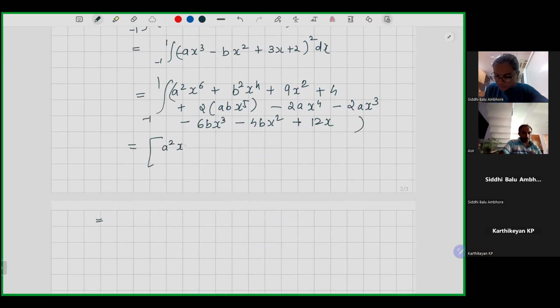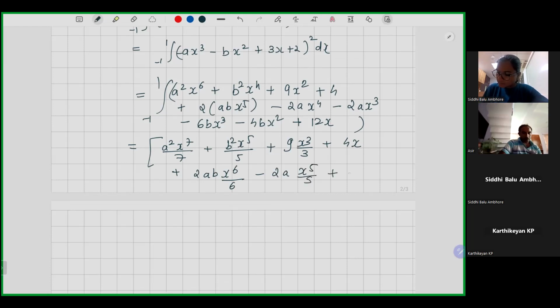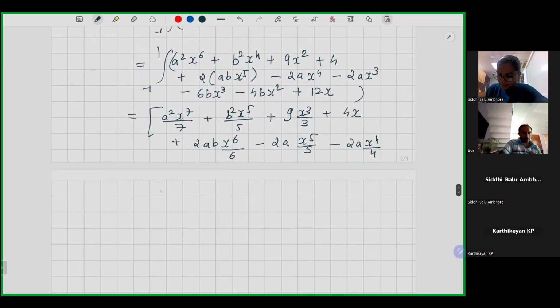It will be a square x power 7 by 7 plus b square x power 5 by 5 plus 9x cube by 3 plus 4x, plus 2ab x power 6 by 6 minus 2a x power 5 by 5 minus 2a x power 4 by 4 minus 6b x power 4 by 4 minus 4b x power 3 by 3 plus 12 x square by 2.